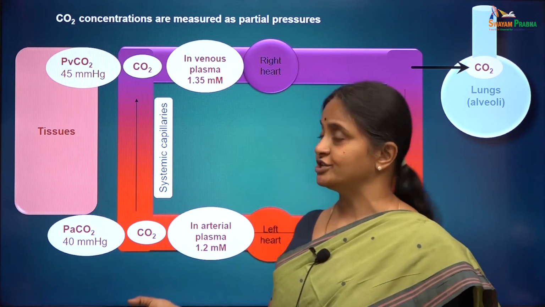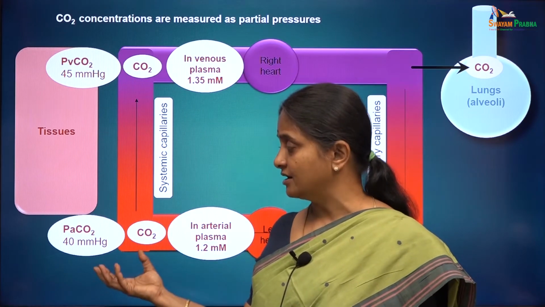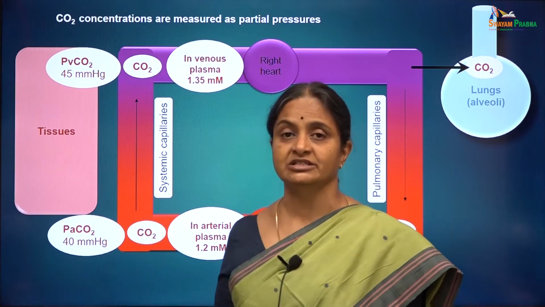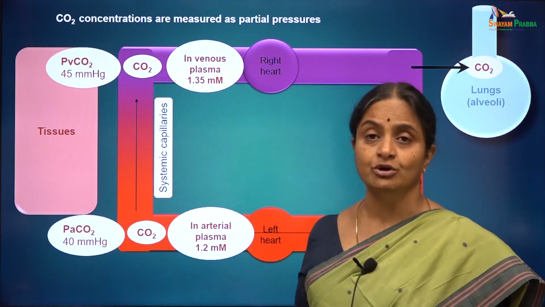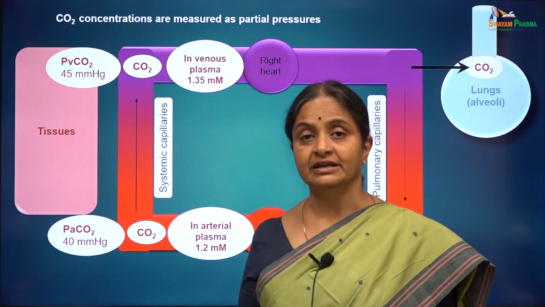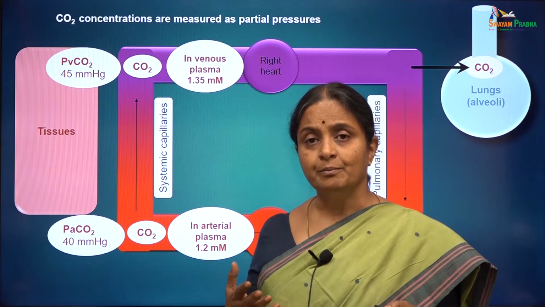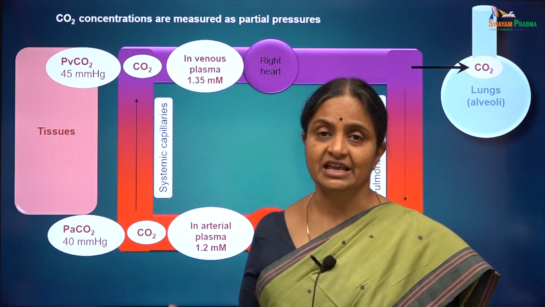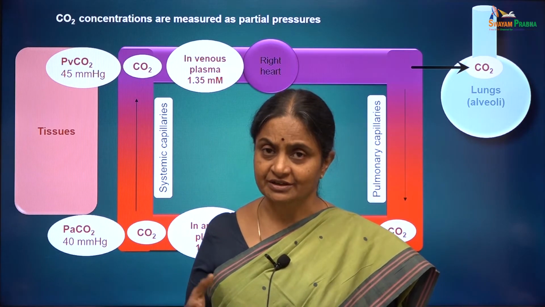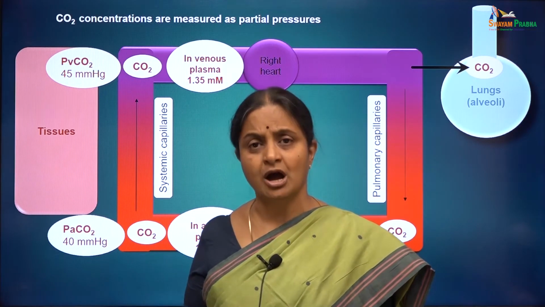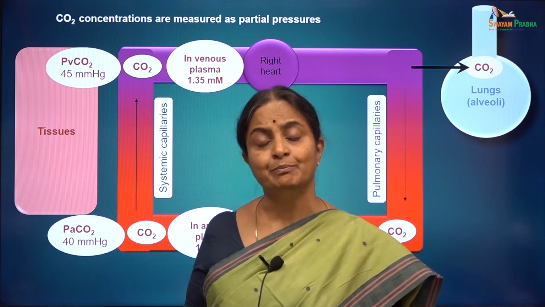Now, let us take arterial blood. What do we mean when we say partial pressure of carbon dioxide is 40, partial pressure of oxygen in blood is 100 millimeters mercury? What do we mean by such statements? How do these partial pressures fit into the hydrostatic pressure of blood itself, or how do they matter for the blood pressure?